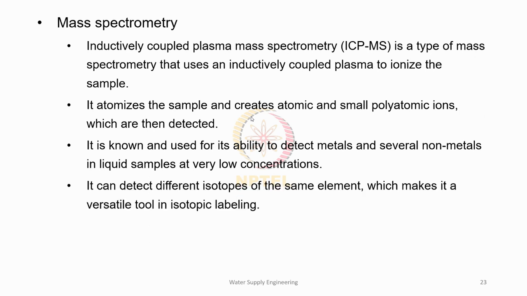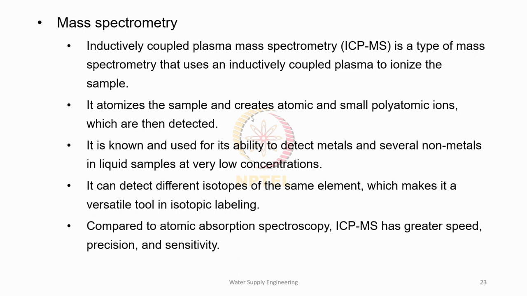Also, it can detect different isotopes of the same element, making it a versatile tool in isotopic labeling. When we compare mass spectrometry to atomic absorption spectroscopy, this has greater speed, sensitivity, as well as precision.